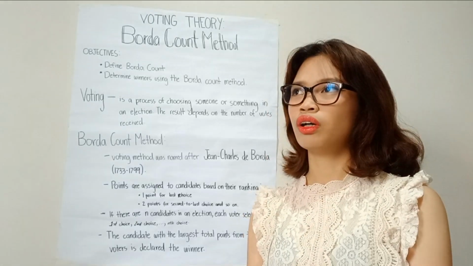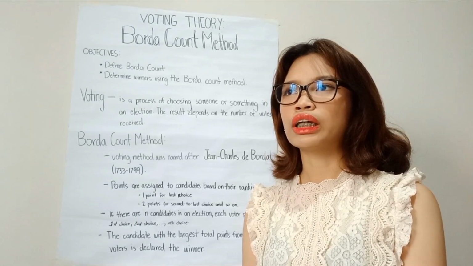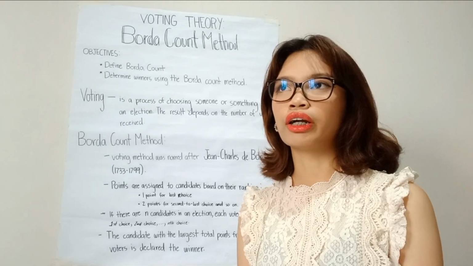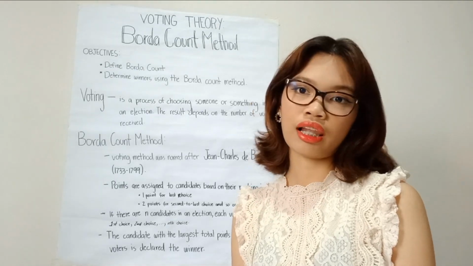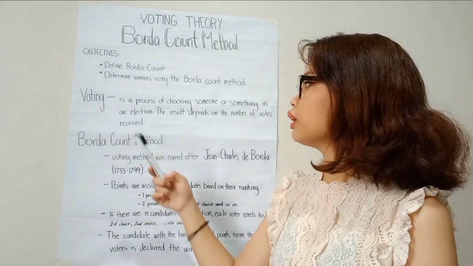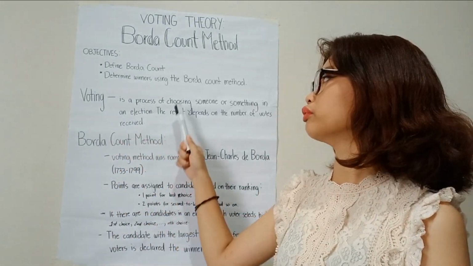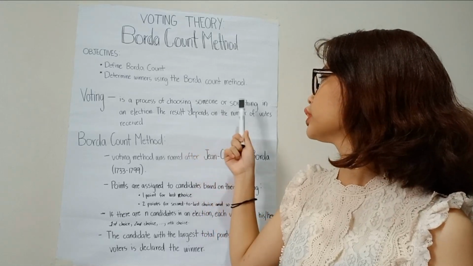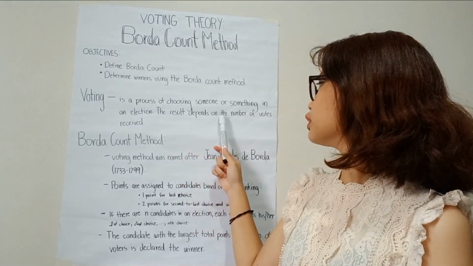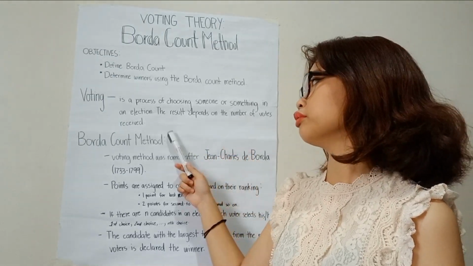voting. As we all know, voting can be seen in an election, right? The definition of voting is a process of choosing someone or something in an election. The result depends on the number of votes received.